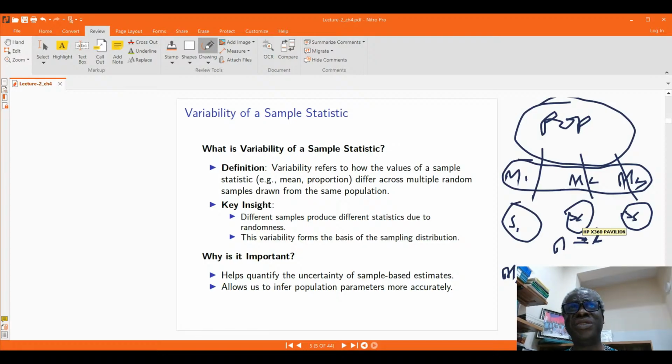But we need to be able to say something about it despite it not being known. So the sampling distribution helps us to say something about the population parameter that is fixed and unknown.